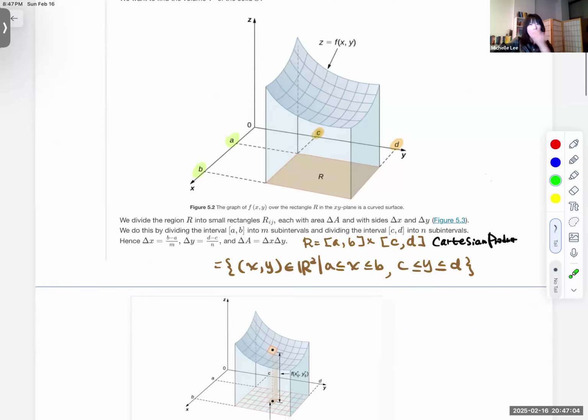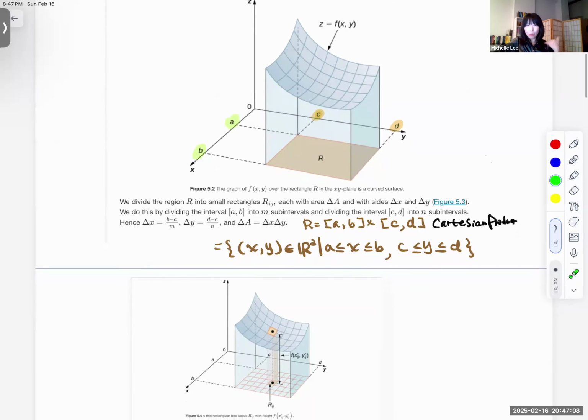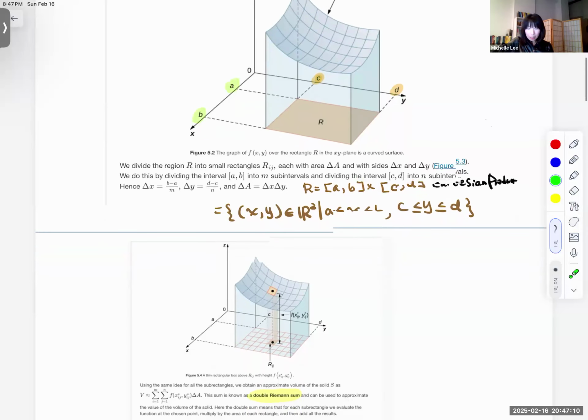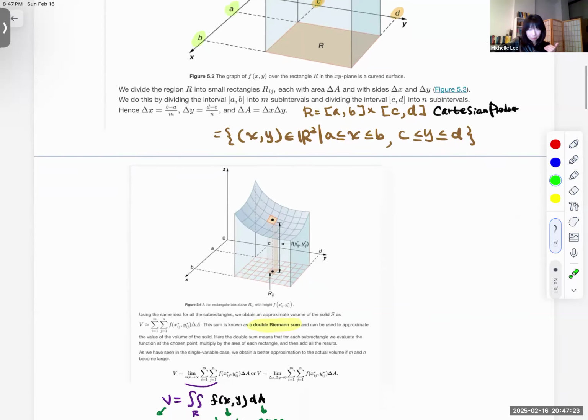Now, I told you earlier, it's the same concept as the Riemann sum from Calculus 1. So we make all the little rectangles here, right? We are going to use a double Riemann sum. So let's take a look.